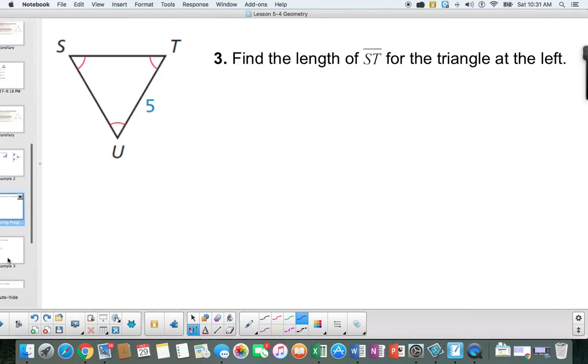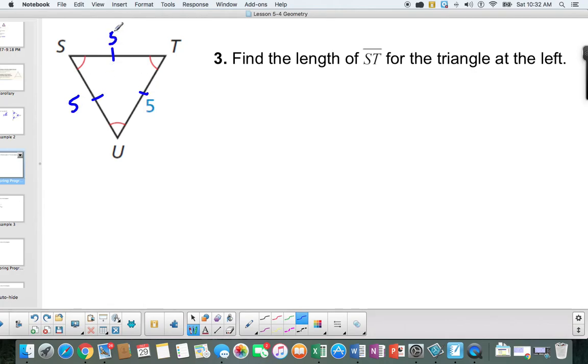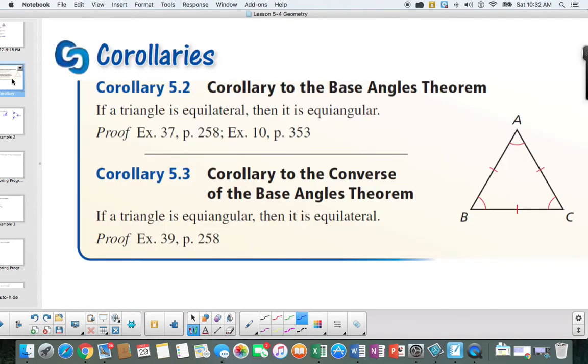All right, we would like to find the length of ST. Now I can see all the angles are the same, so that means all the sides have to be the same, which means these are all going to have to be 5. This is the converse of the base angles theorem corollary.